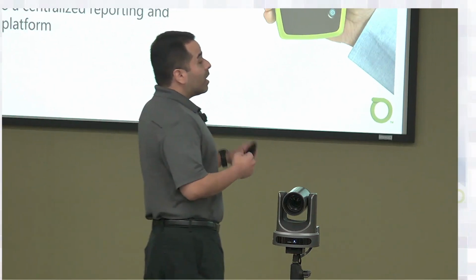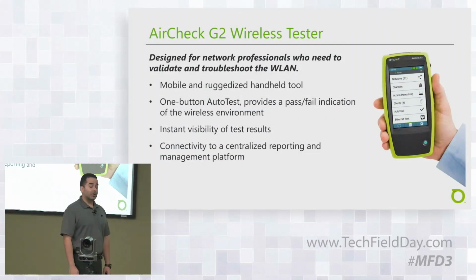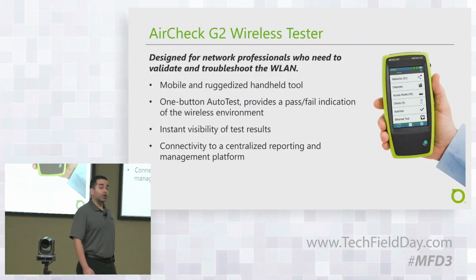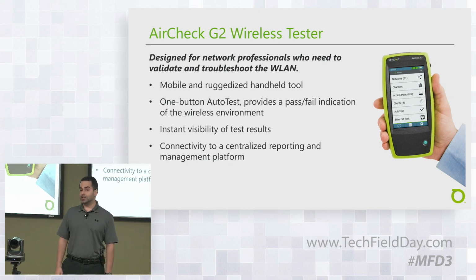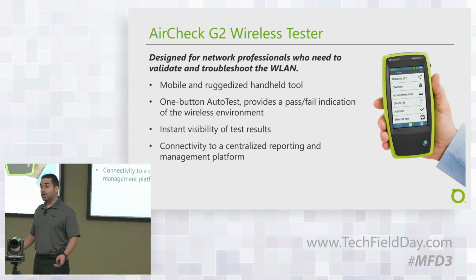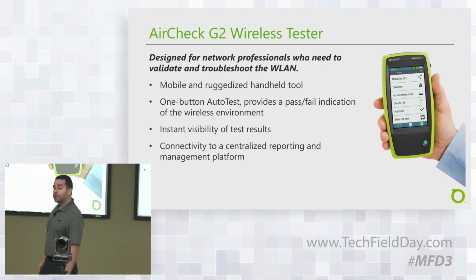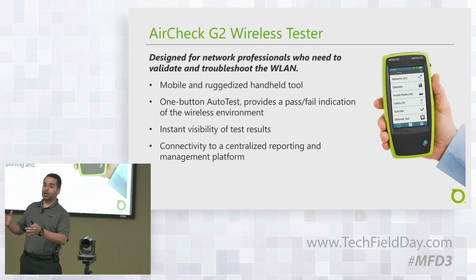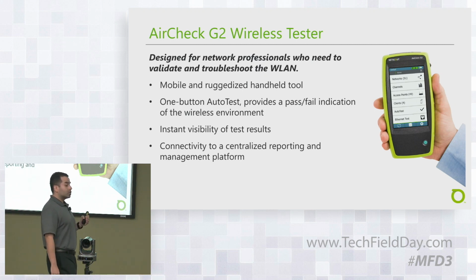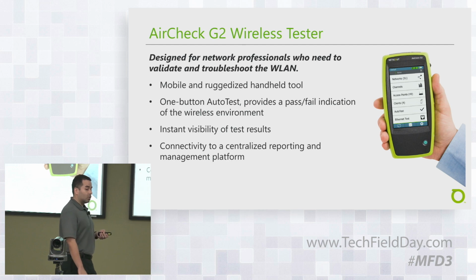And this guy here, I think most of you know it already. It's one of our most popular tools, and it's the AirCheck G2. As you may know, it's the second generation of the old AirCheck, which is still pretty popular. There's a bunch of them out there. And it's basically a network professional's troubleshooting and validation tool.